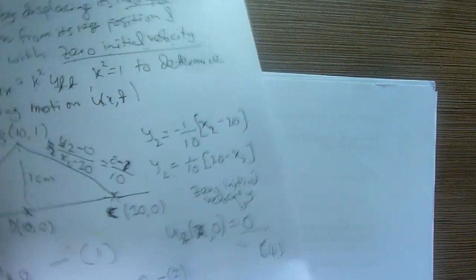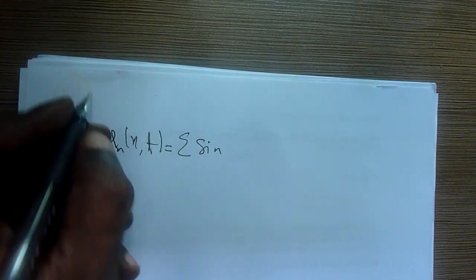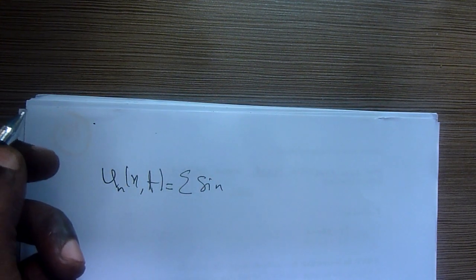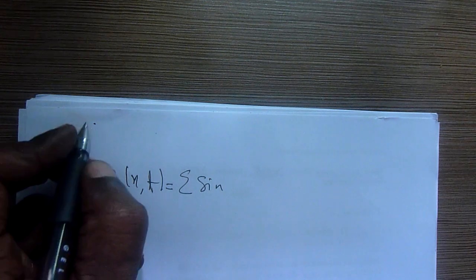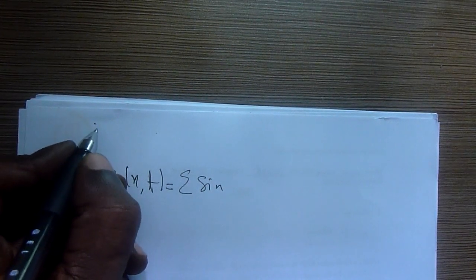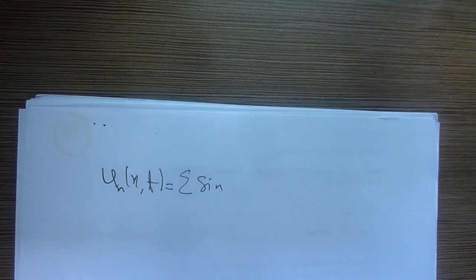Remember what Pn is? I forgot to write the Pn. This is important, you need to write a certain level of information here. I'm a bit rushing, not rushing, but just showing you the work straight away. You can see the equation here.